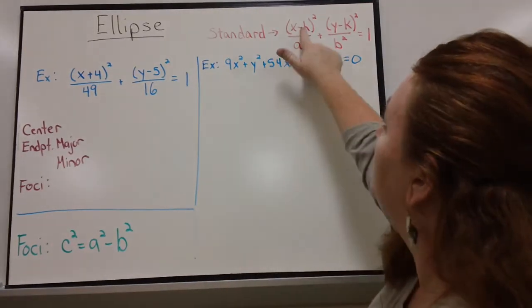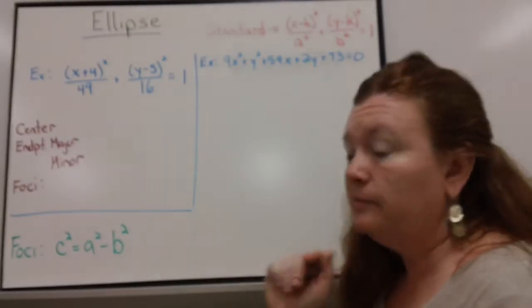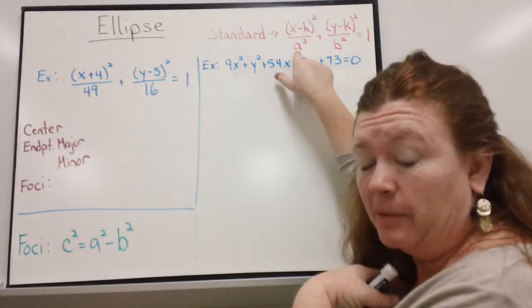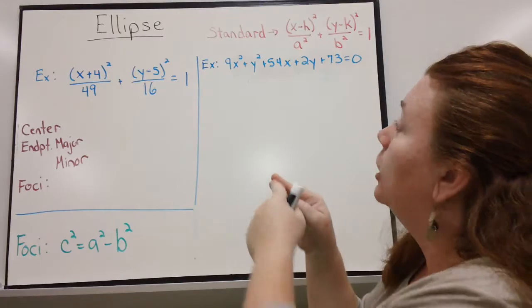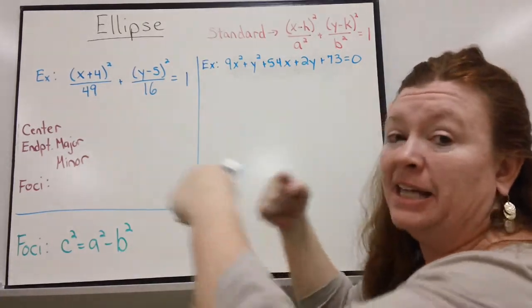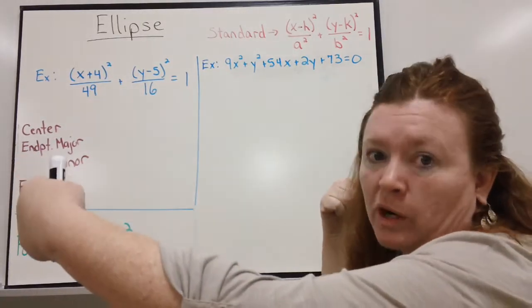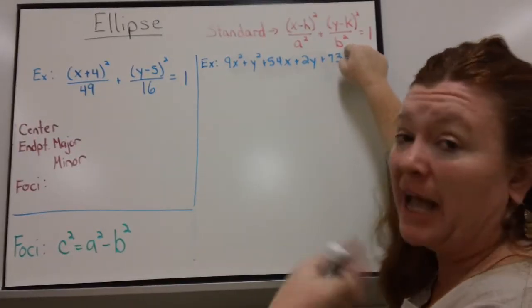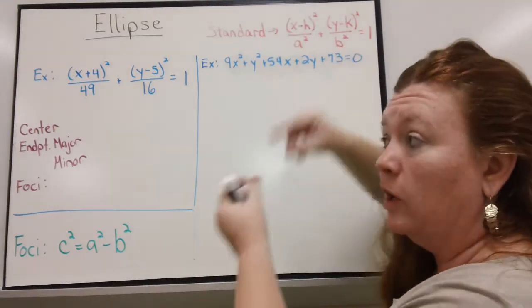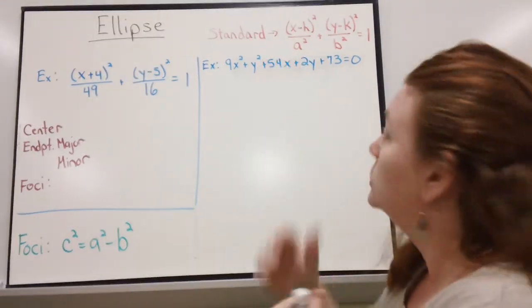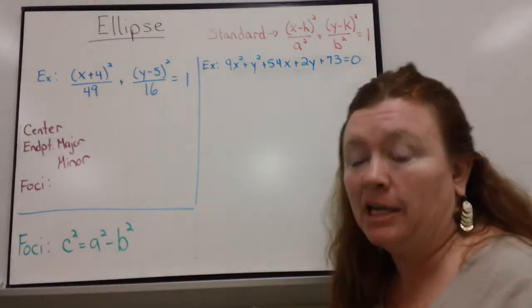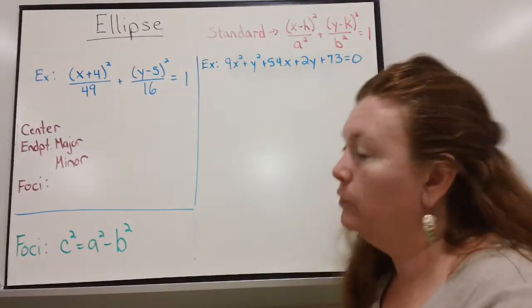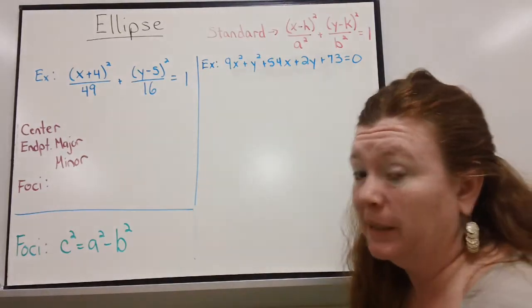So basically, h and k are my center, and I'm going to move the square root of this number, or a, along the x to get to the ends of my ellipse or oval. b is just how far I'm going to move along the y to get to the endpoints of the vertical axis of the oval. We'll get into that more as I show you a couple examples.